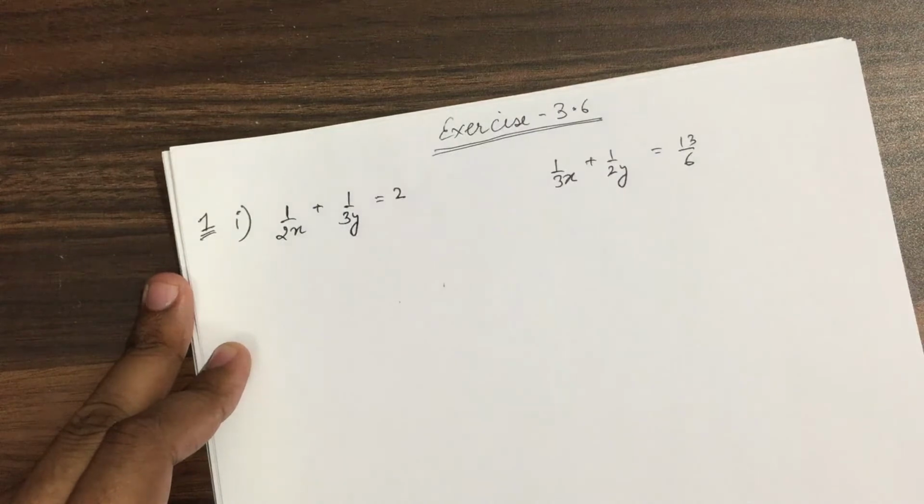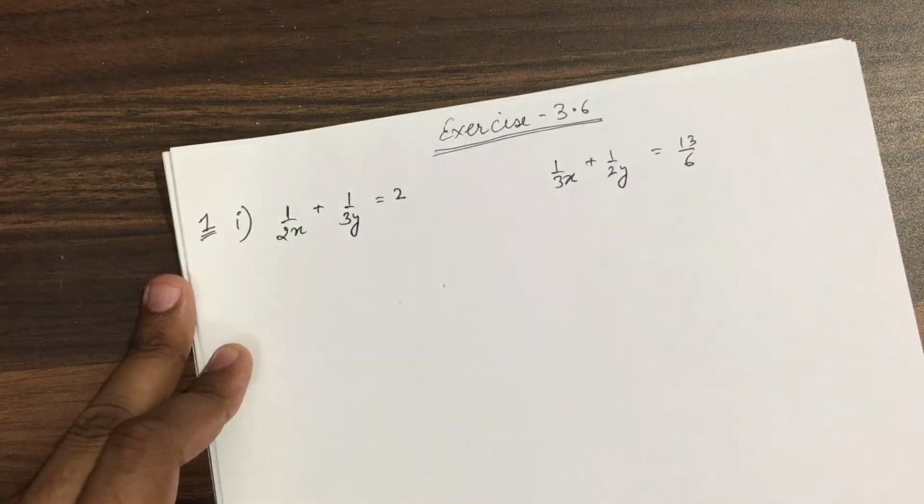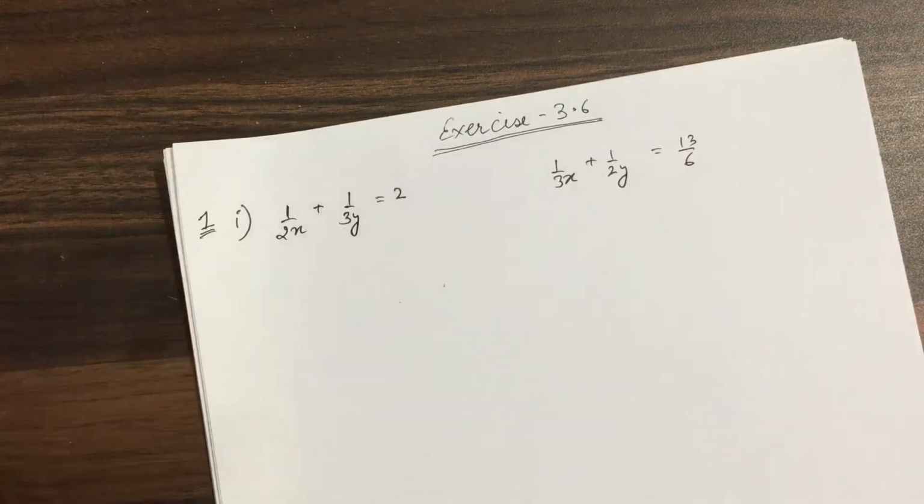Now you must know that these are not linear equations in two variables. They are not in standard form. So first of all we should convert them to standard form. I have already discussed such questions in my previous lectures, so this won't be a new topic to you, but still I will discuss each and every question of this exercise.